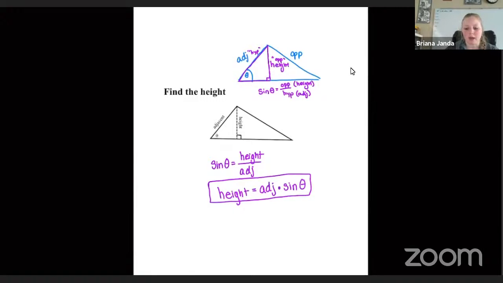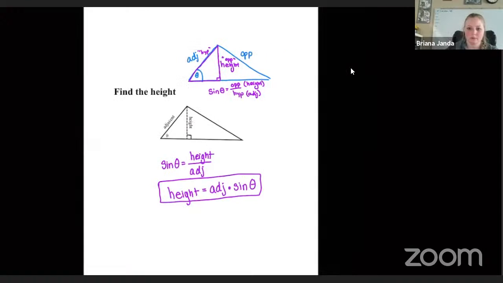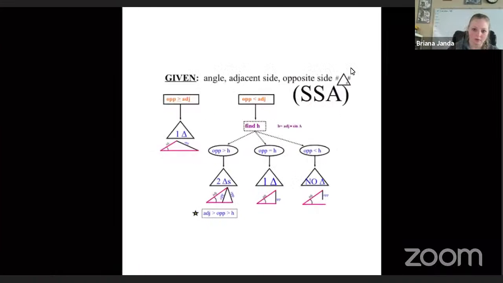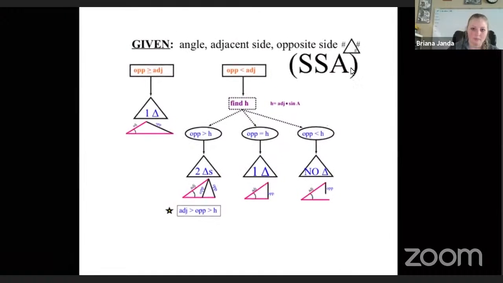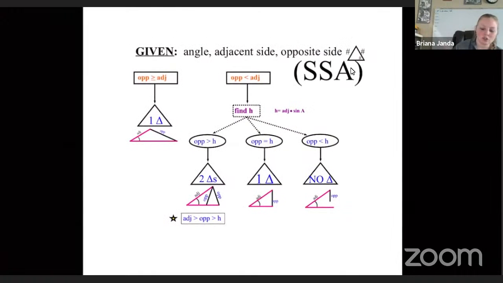All right. Find that flow chart. Let's fill that out. First of all, I cannot stress this enough. If you notice, I made it really, really big. We will only ever need to consult this if the information given to us falls in the order side, side, angle.